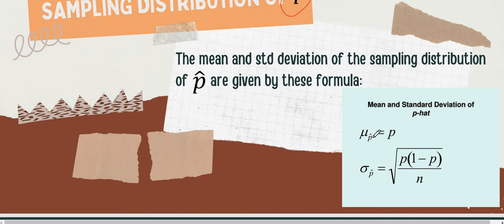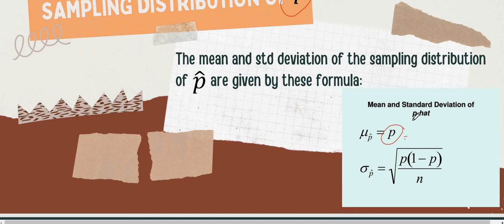The mean of P-hat, which is the mean of the sample proportion, is equal to the population proportion P. And what does this mean?